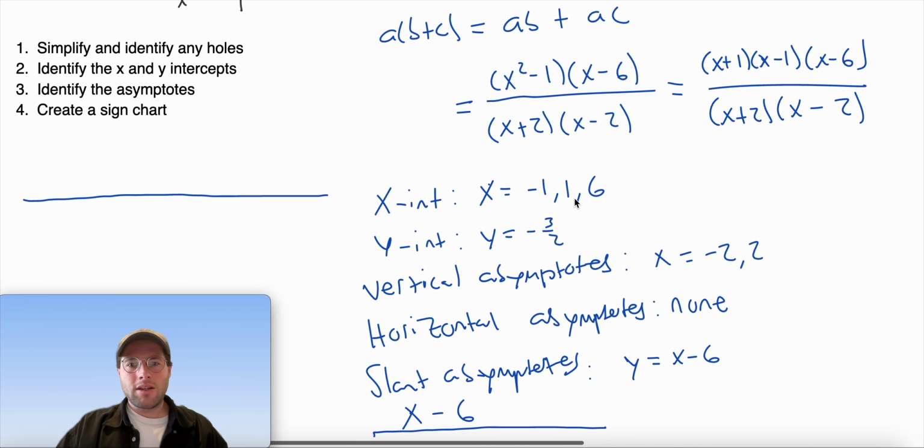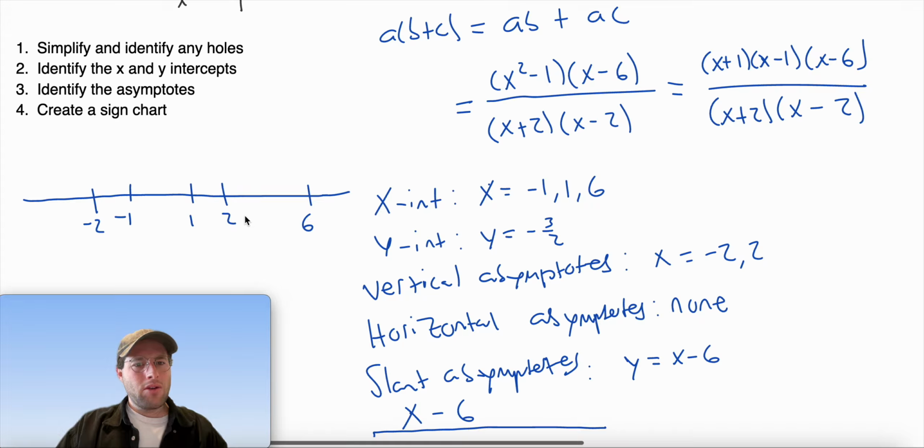And so it's here, x-intercepts negative 1, 1, and 6. So maybe I'll say negative 1, 1, and I'll put 6 somewhere over here. And our vertical asymptotes occur at negative 2 and 2. So let's say negative 2 and 2 right here.